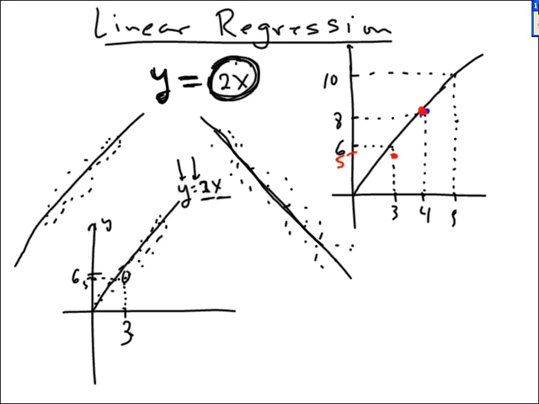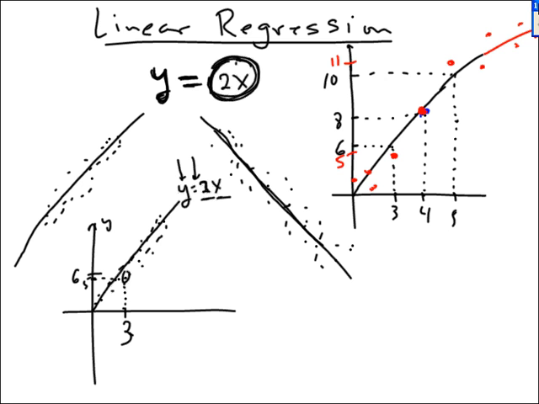In fact, it might be that our data says when x was 5, y was 11. Okay, the line's an approximation. What I have in red are the actual data points. They cluster around the line. Some are above, some are below, some might be right on the line.